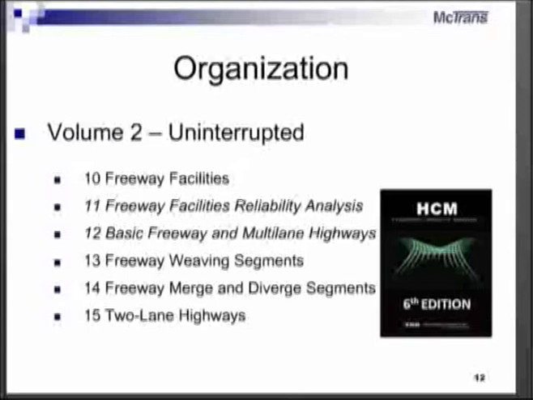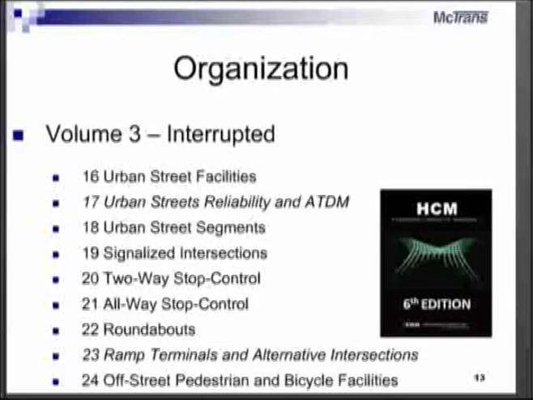Weaving and merge and diverge 2-lane highways organizationally stays the same, and in fact, computationally, very little changes in those 3 chapters. On the interrupted side, we've added Chapter 17, again for the same reason, to implement travel time reliability along an urban street, just like we're doing on a freeway facility.